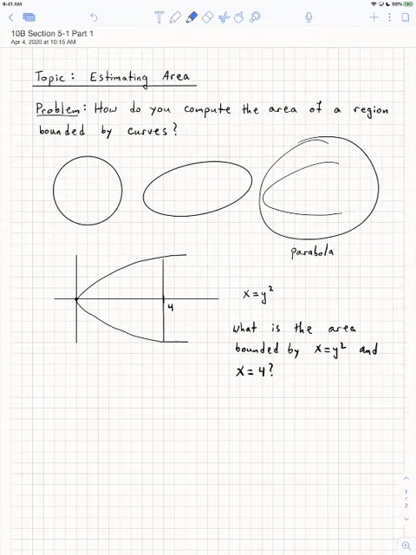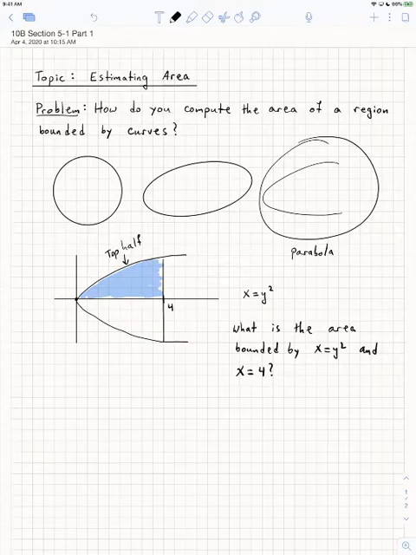If I want to find this area, I can just look at the top of this parabola. Whatever the area is on top, the area on the bottom will be the same. So if I find the area of the top half, I can just double it and that will give me the area of the whole region. So that's what we're going to do.